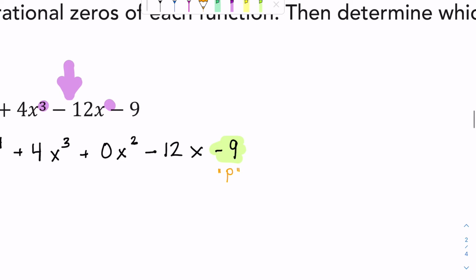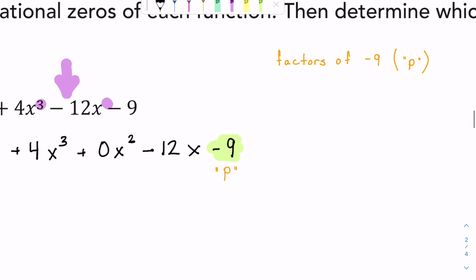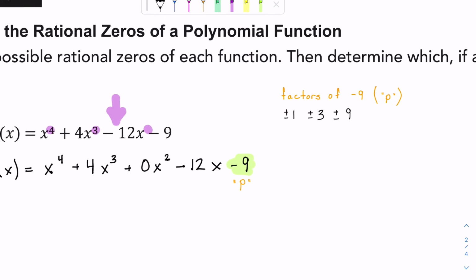So we have to list positive and negative factors of this term. So these factors would include positive and negative 1, positive and negative 3, positive and negative 9. All right, this was step 2 listed above.